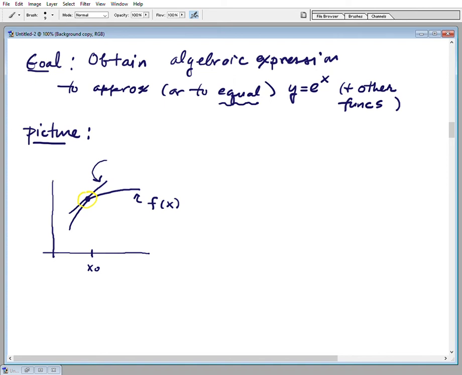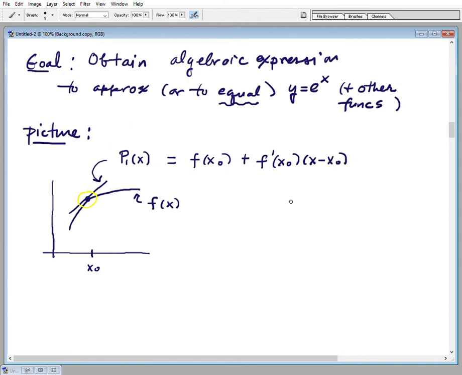Okay, what is this tangent line? We'll call it our first polynomial approximation, p1 of x. So just using the equation of a line, it's equal to f of x0 plus the slope f prime of x0 times x minus x0.